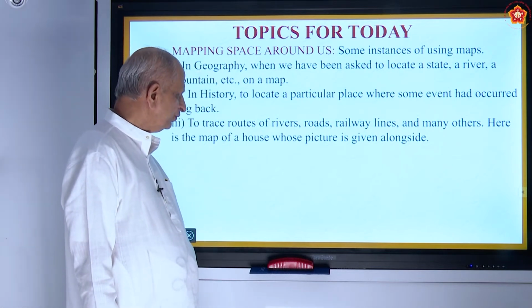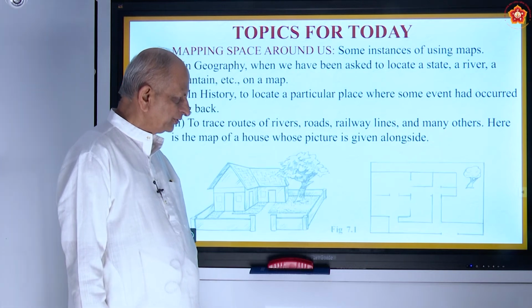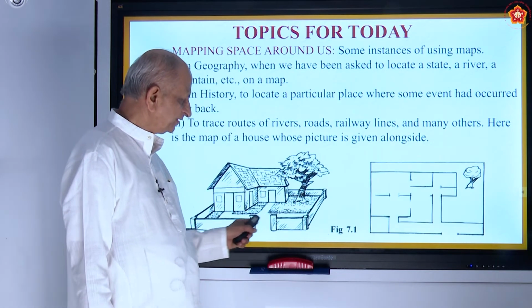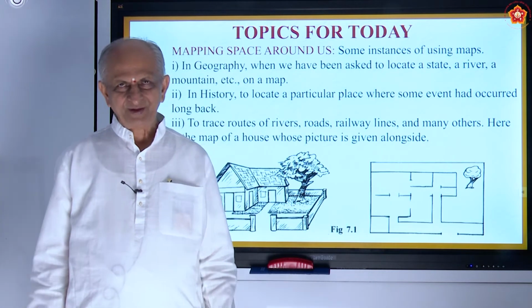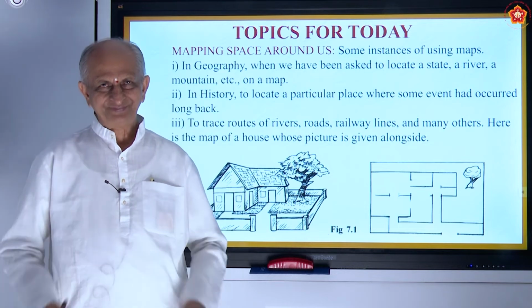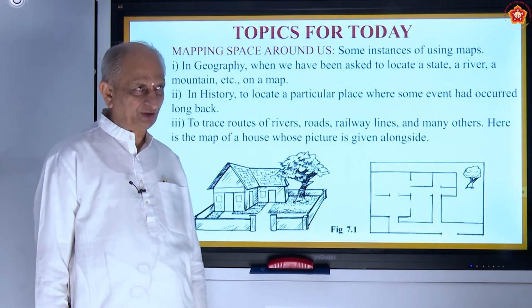Here is the map of a house whose picture is given alongside. So here, this is a picture of a house. This is a map of the house. For constructing any house, one should have a map. That is called a plan, a building plan, what you call.